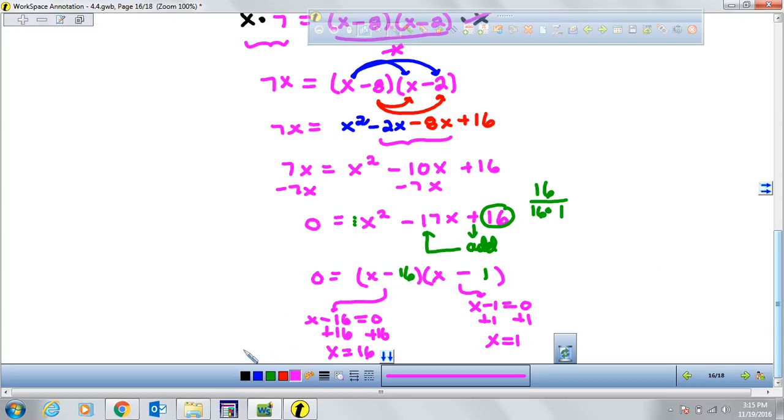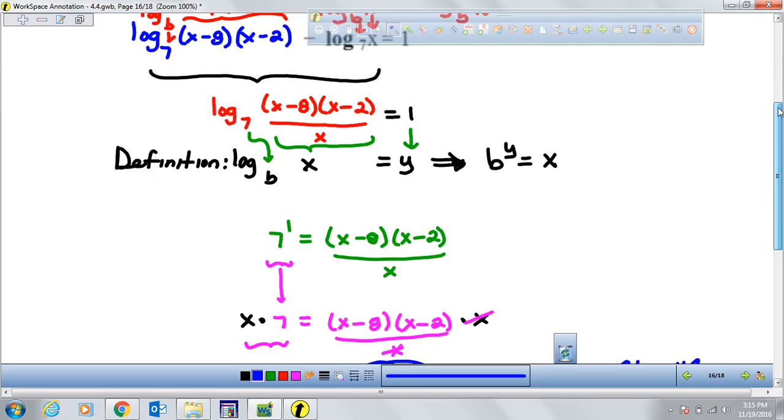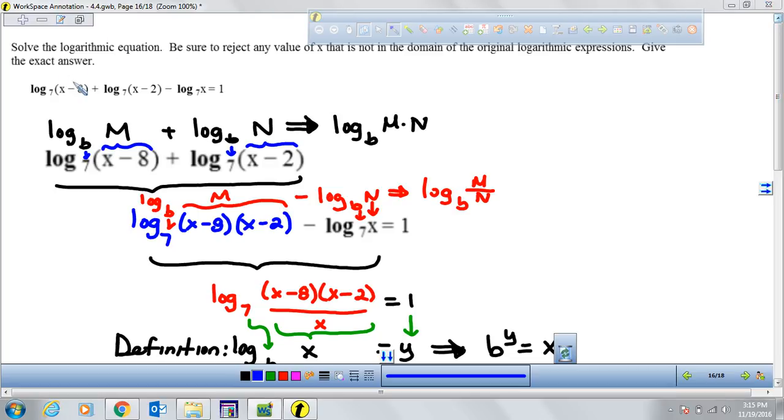Can we automatically say that the solutions are real? No. What we need to do is check the domain to see if both of them are in the domain. That's how we check if they are real solutions. Okay. So we are going to go back to the original logarithmic expressions, and we're going to find the domain. Okay. The first one, x minus 8 must be greater than 0.